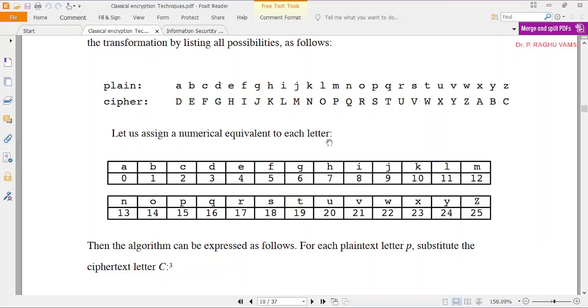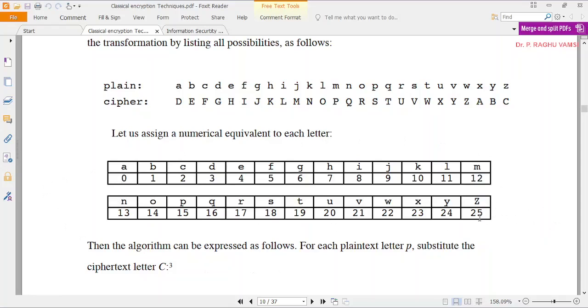So let us assign a number to each letter. A means 0, B means 1, C is 2, D is 3, E is 4, like that, up to Z, which is 25. That means the total alphabets in English are 26, so we are labeling them from 0 to 25.